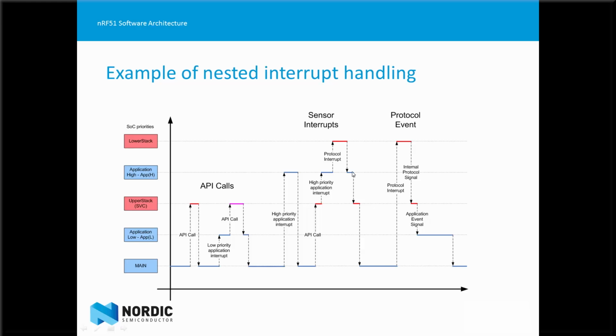Then you will continue in the app high, then you will jump down to upper stack. Here you have a radio event, and for example a connection event, and this will jump down to upper stack, and here you get an application event up to the application through the software interrupt 2.